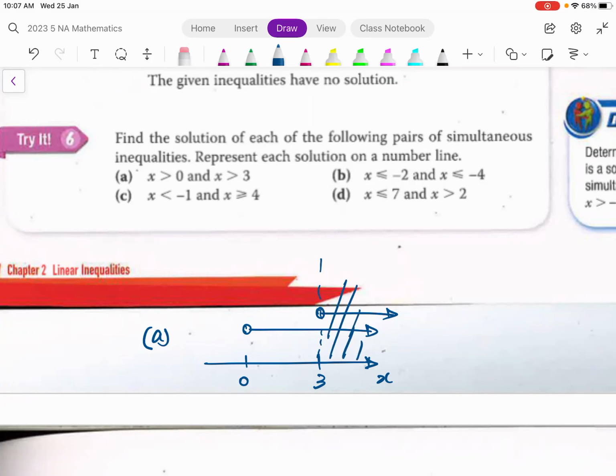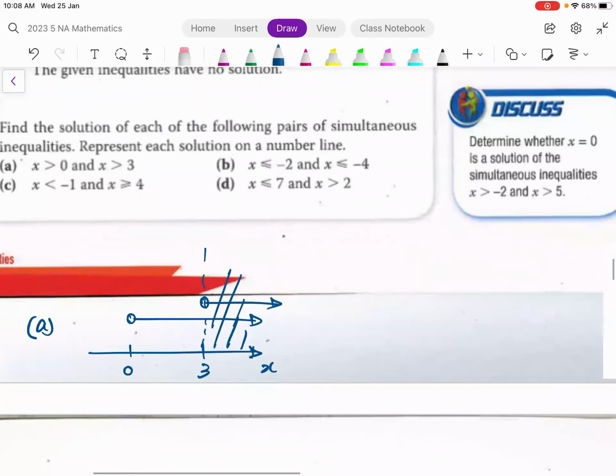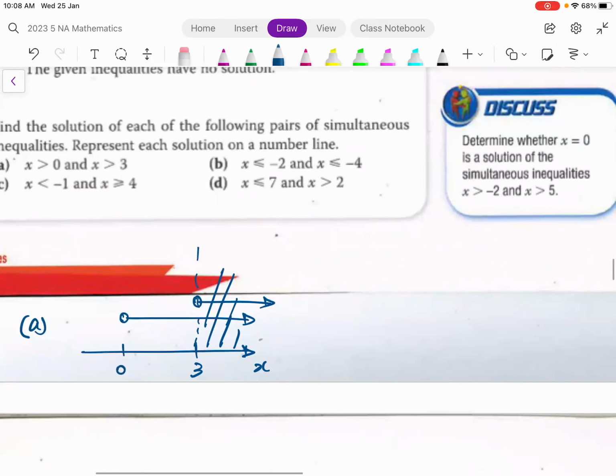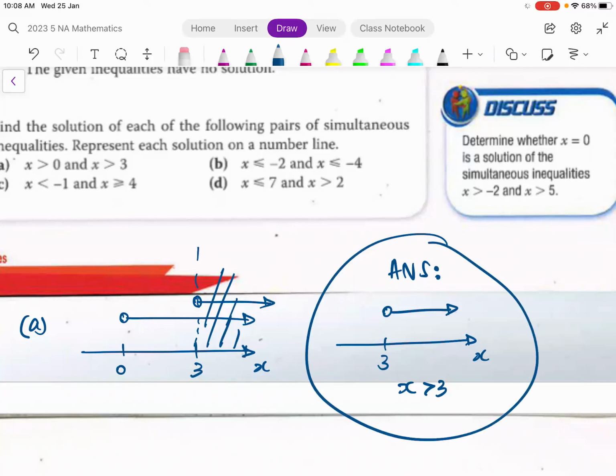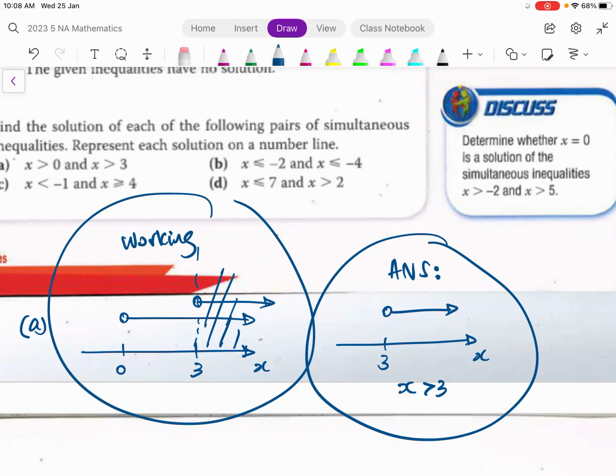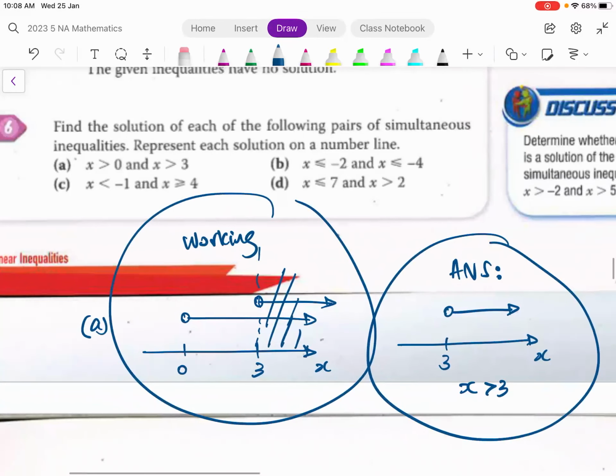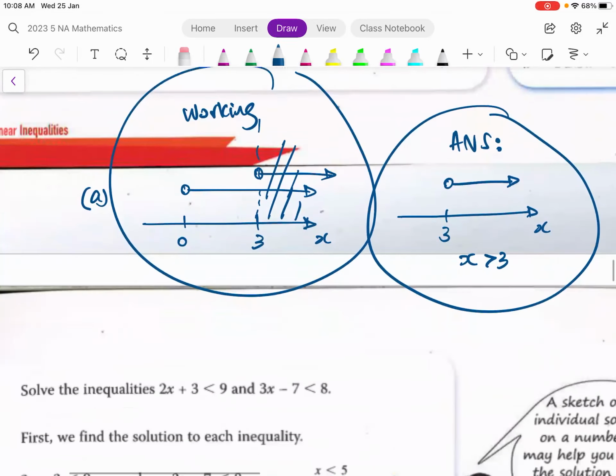So this is my working, and then my final answer, x greater than 3. So as long as x is greater than 3, you're satisfied. Okay, move on. The rest, B, C, and D, is actually just the same concept as what was in your worked example.